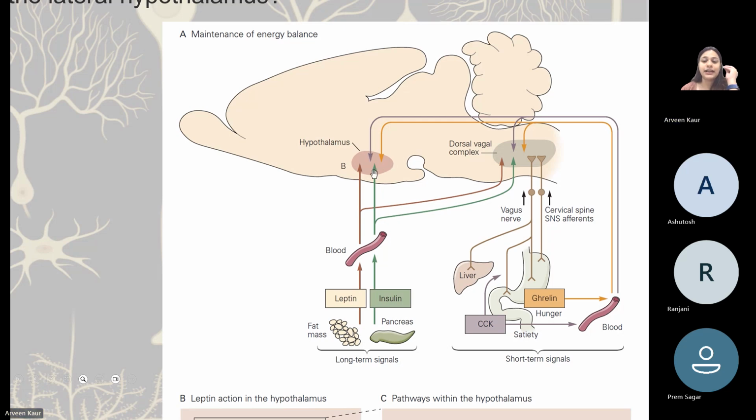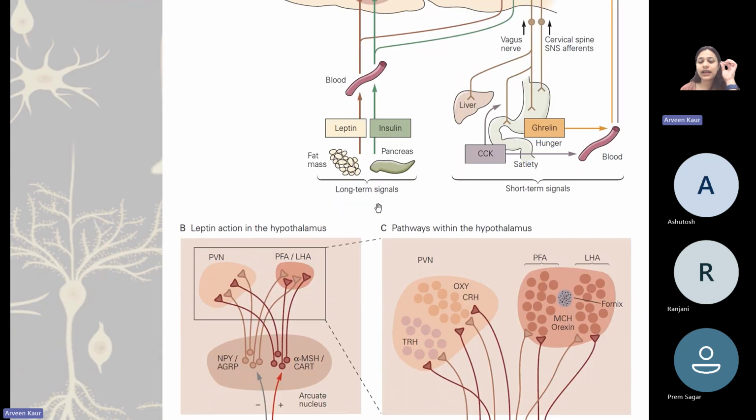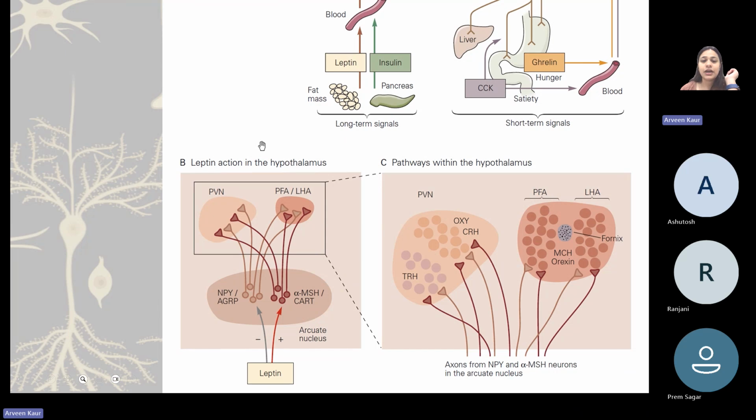But on the other hand, when this ghrelin is absent or when more leptin is present instead of ghrelin, what happens? Leptin induces satiety. So it will signal to the hypothalamus saying that, okay, I don't need food anymore. So leptin action in the hypothalamus goes a little bit like this.